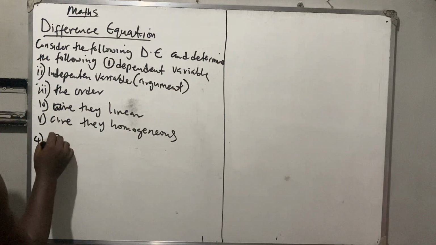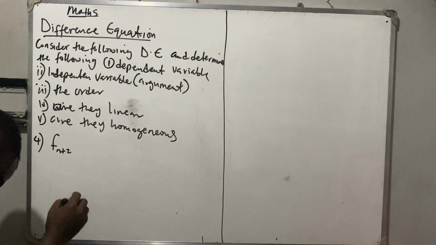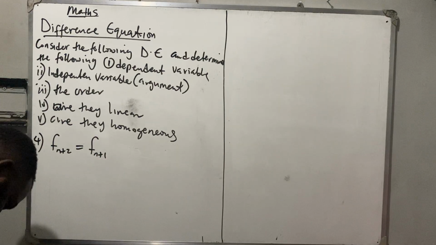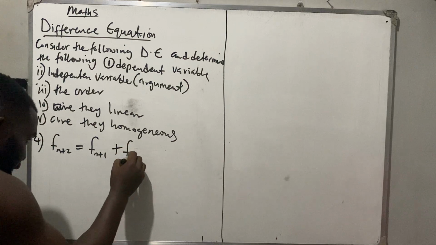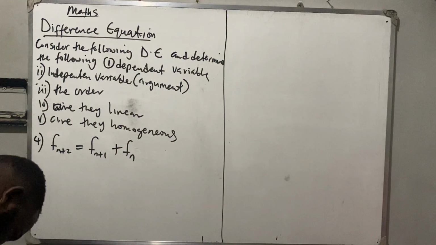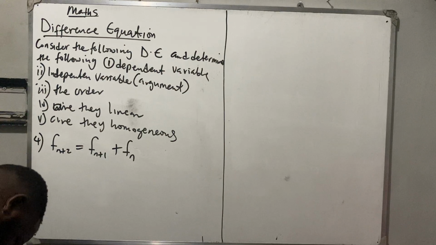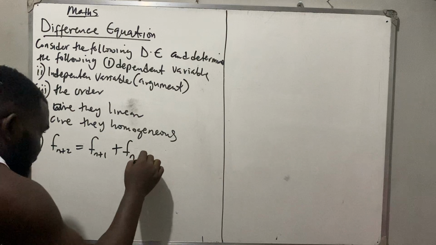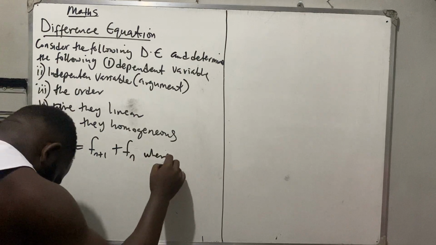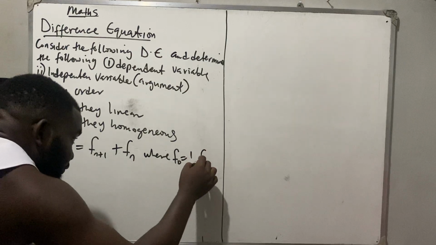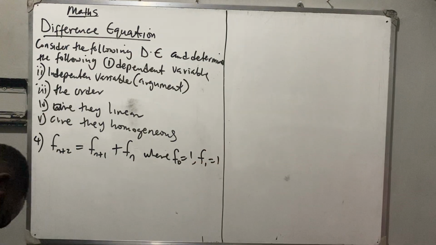Question number 4 said f_{n+2} is equal to f_{n+1} plus f_n, where f_0 is equal to 1 and f_1 is equal to 1 as well.